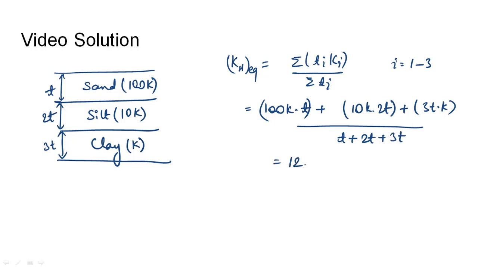This would become 123KT by 6T. This would become 123K over 6, that is 20.5K. This is our first equation.